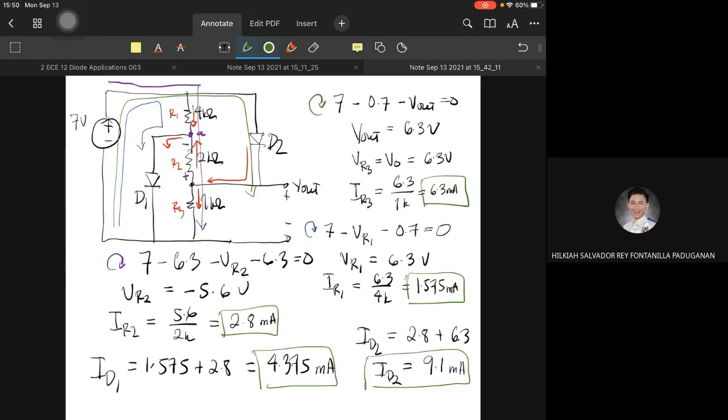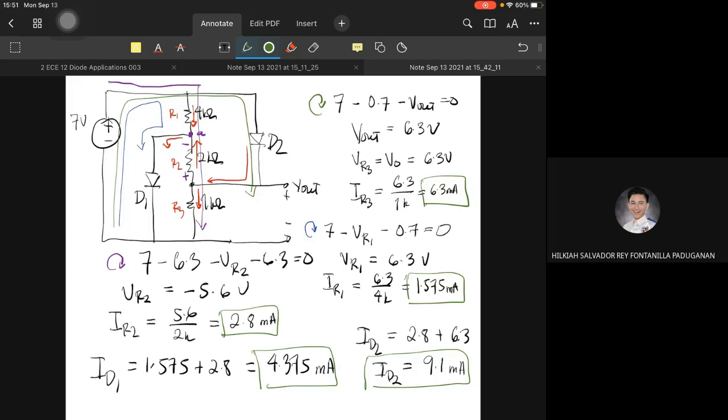I did not use any special methods like nodal or mesh. No more questions? If there are none, okay, you can review it again, but let's move to the next topic.